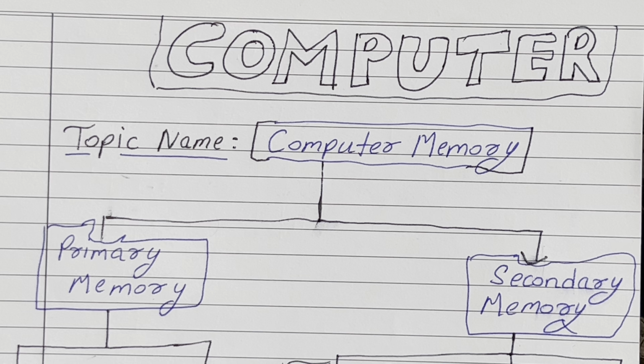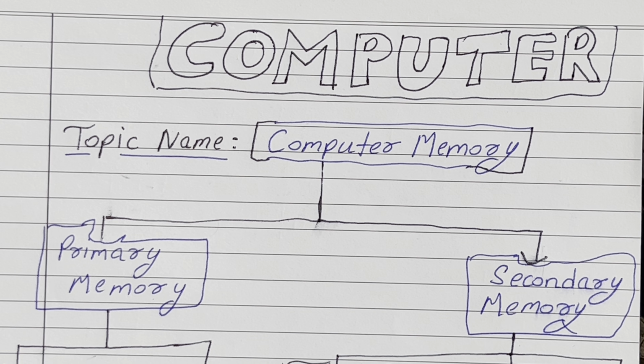In other words, computer memory serves as the storage area where all the information required for performing various computing tasks is kept. Every instruction executed by the processor, every piece of data entered by the user, and every result generated after processing must be stored in memory at some stage.